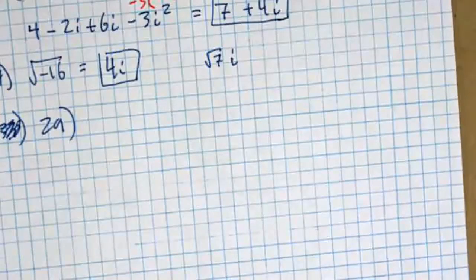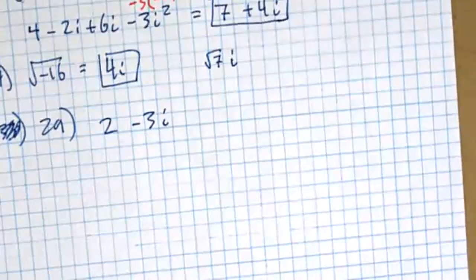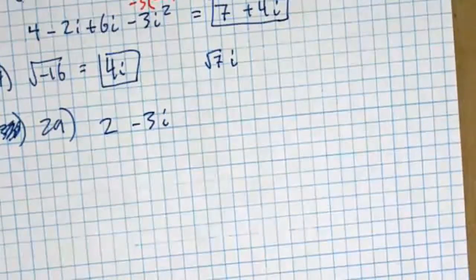A general review of all complex numbers is a good thing, but the thing we're going to be using on Thursday that we really need is this idea of complex conjugates. So in 29, they give you 2 minus 3i, and they want you to find the product of that and its complex conjugate.